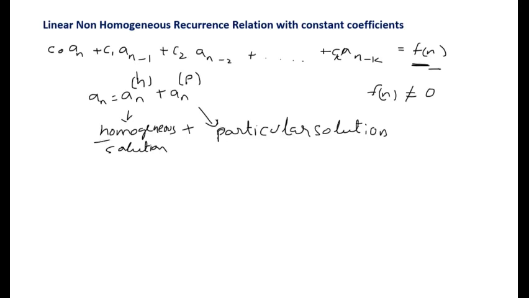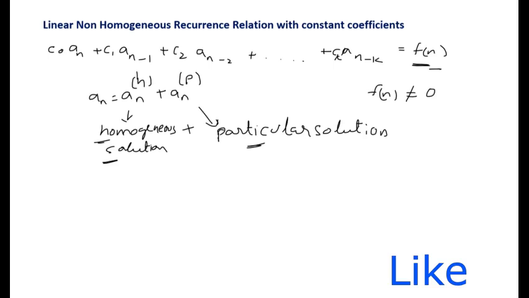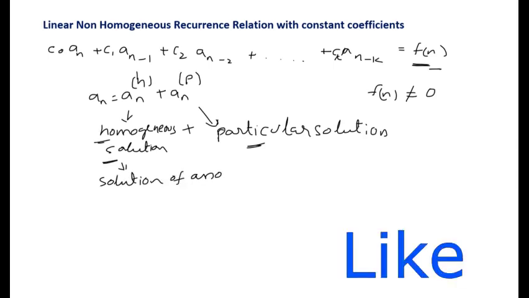This homogeneous solution is the same as in the previous videos, but we need to learn how to calculate this particular solution. This homogeneous solution is coming from the associated homogeneous recurrence relation, so it is nothing but the solution of the associated homogeneous recurrence relation.